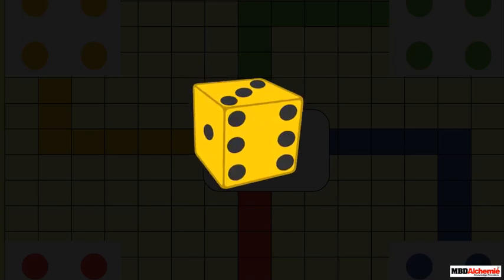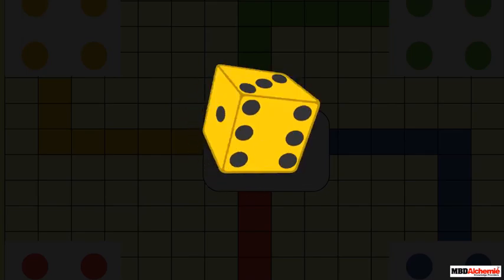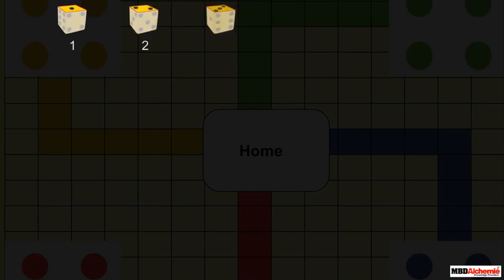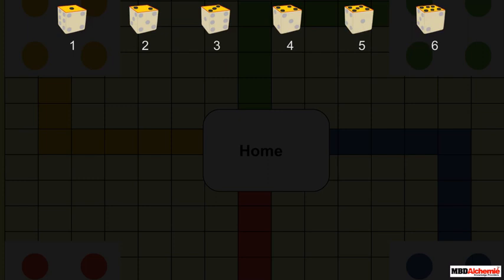Now, let us look at a dice. If we roll a dice, we may get 1, 2, 3, 4, 5, or 6. So these are the only possible outcomes we get by rolling a dice. Now, if you have been asked about the probability of getting each number, then what would it be?